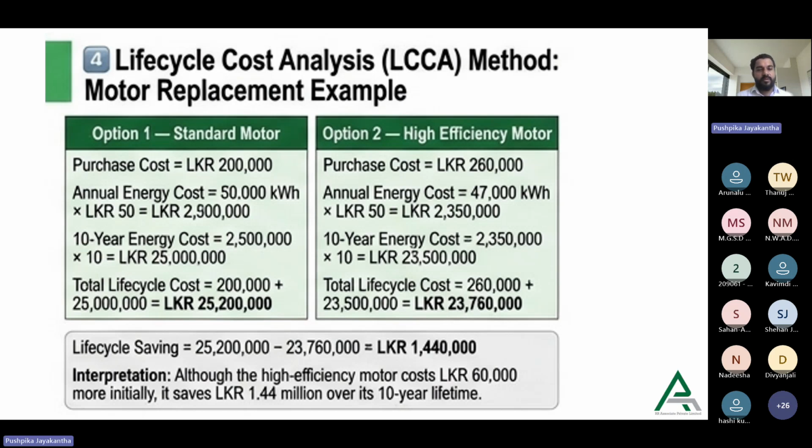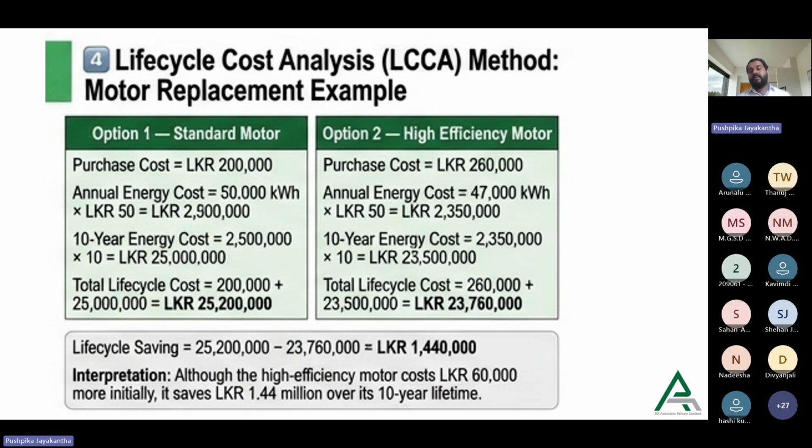So for the standard motor, it's around 25.2 million. The high efficiency motor is 23.76 million. So the answer is a 1.44 million saving from the high efficiency motor.